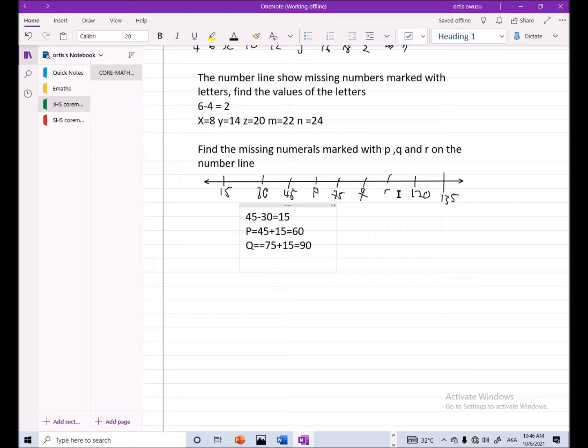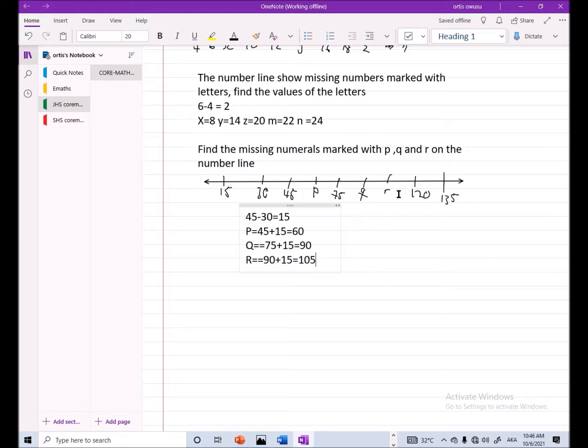So R implies 90 plus the range, which is 15, gives you what? 90 plus 15, 105, right? 105. I hope it's clear.